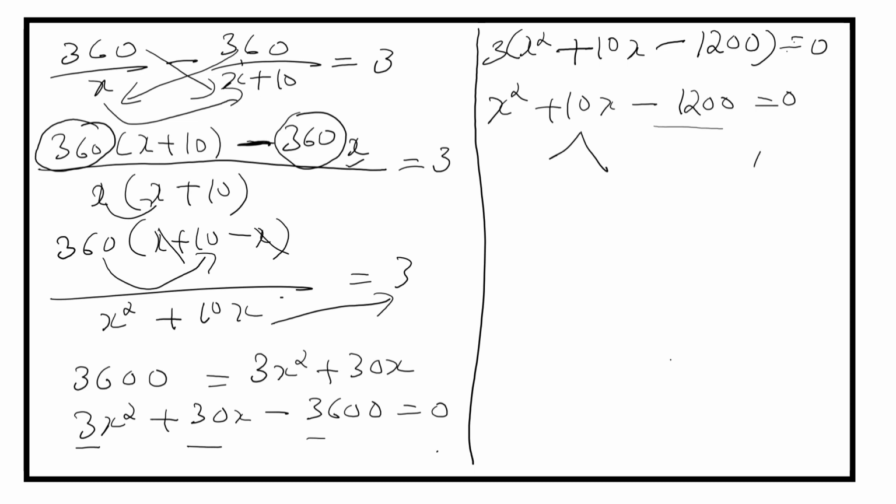You might have already thought of it, isn't it? Plus 40 and minus 30. If you multiply, you will get minus 1200. If you add, you will get 10.